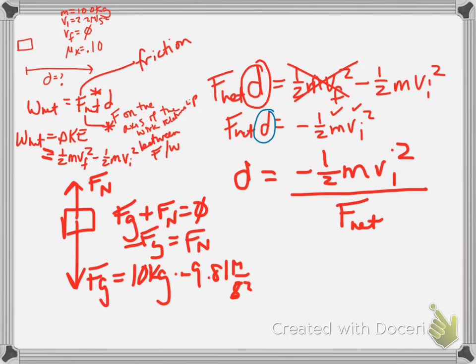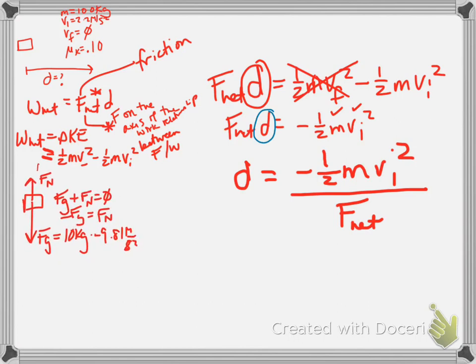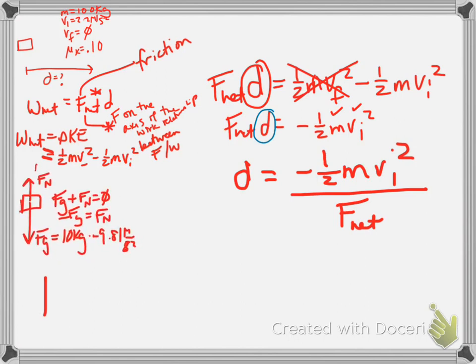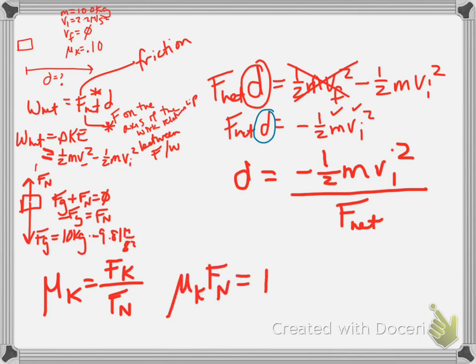And we're given the coefficient. Can we find the force of kinetic friction? Yeah. Let's shrink this. So mu k equals Fk over Fn. Mu k Fn equals Fk. Mu k times negative mass gravity equals Fk.